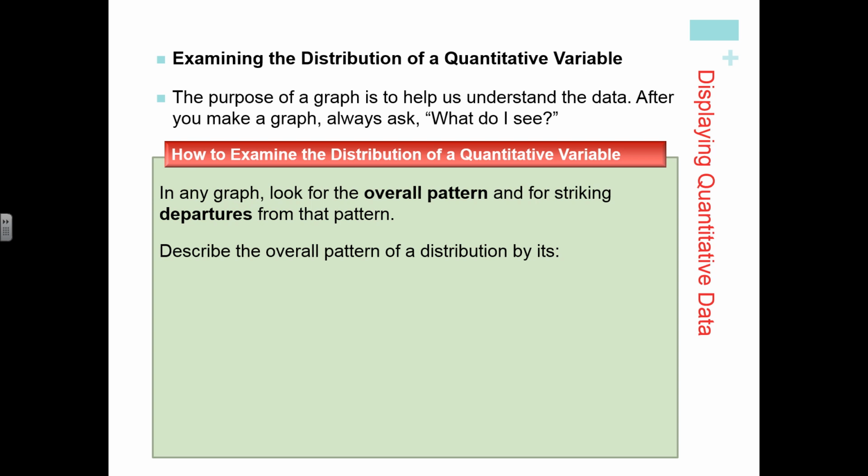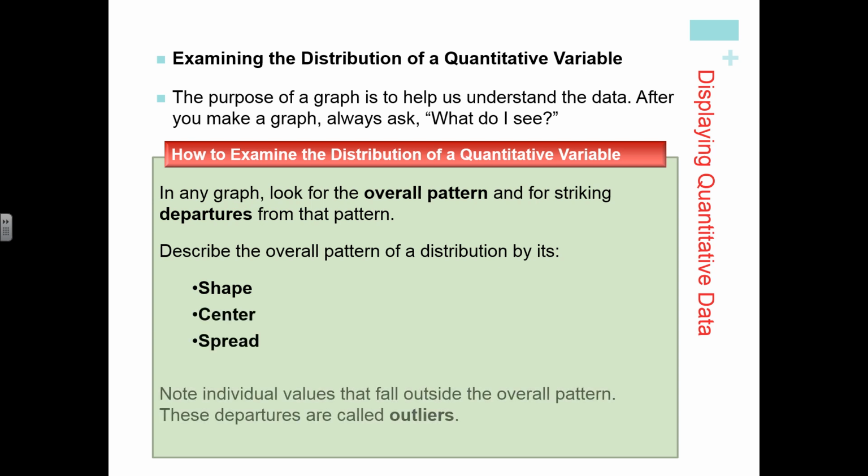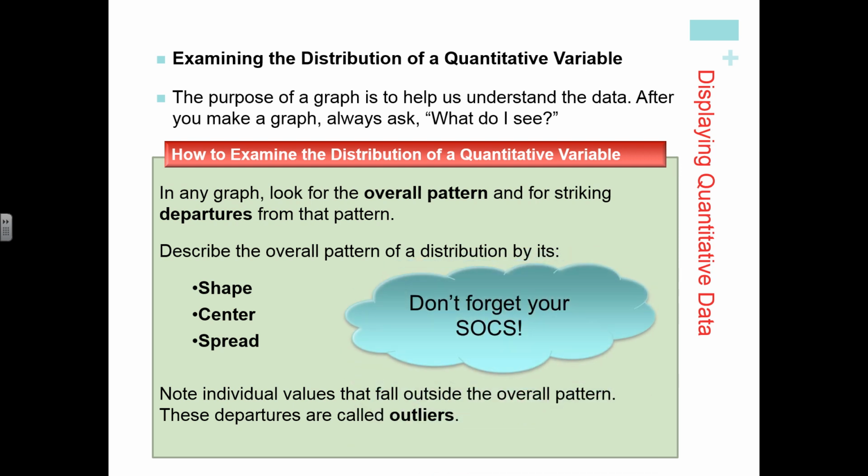So to describe the overall pattern, we use what we call SOCs. So we look at the shape, the center, the spread, and then any departures from the pattern is what we call outliers. Again, the way that we remember that and what I refer to it as from here on out is SOCs. Again, that's shape, outlier, center, spread.